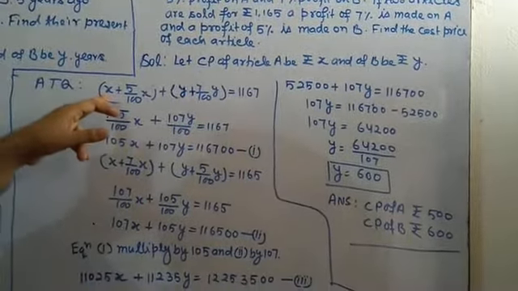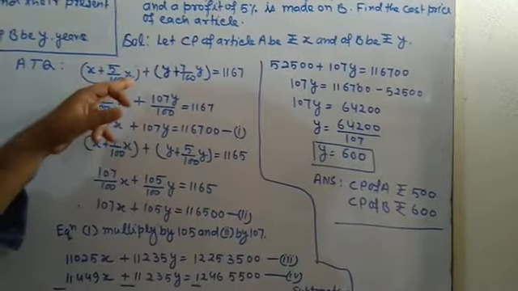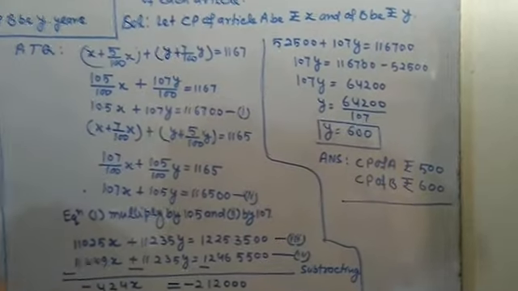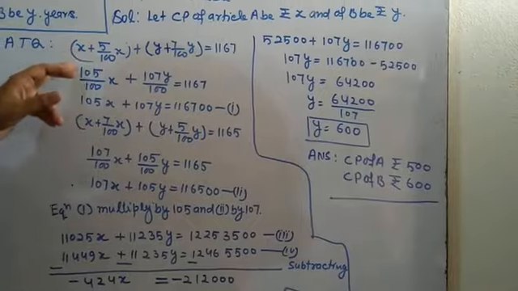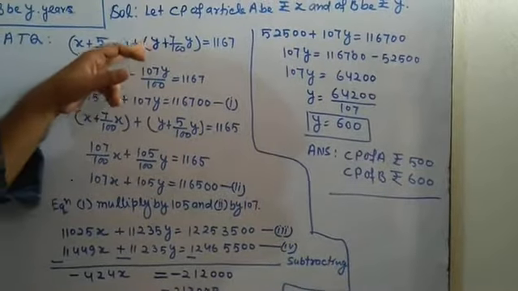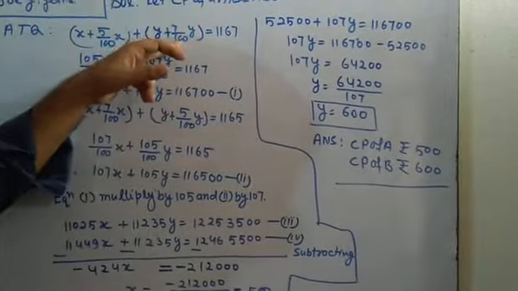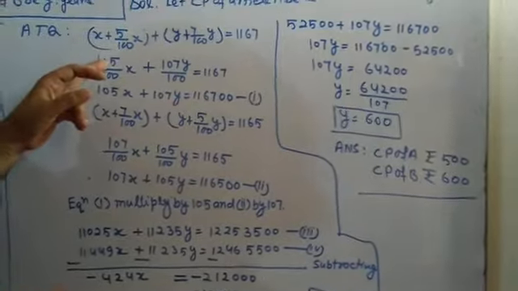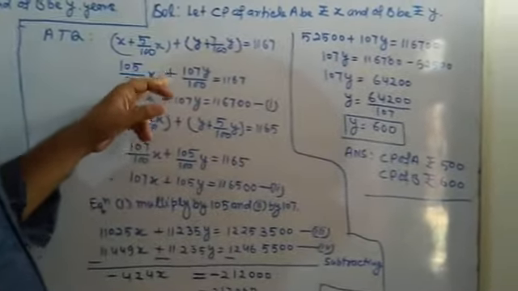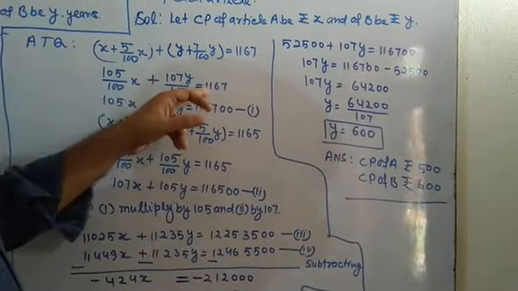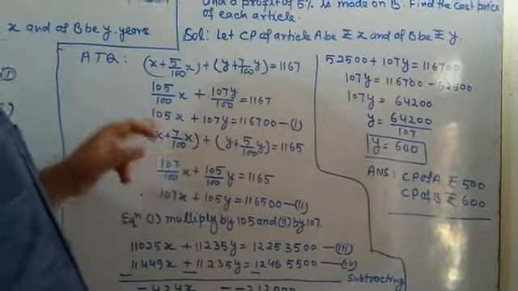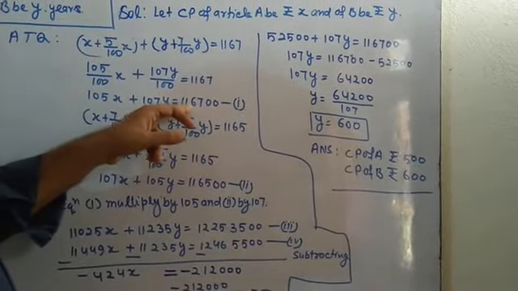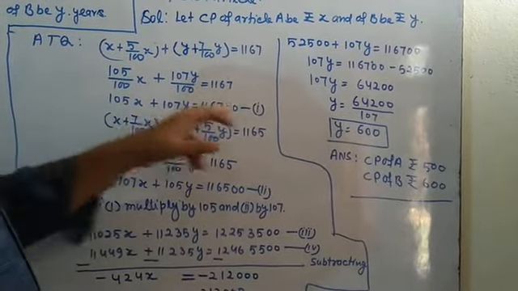According to the question, x plus 5% of x plus y plus 7% of y equal to 1,167, means x plus 5 by 100 x plus y plus 7 by 100 y equal to 1,167. 105x upon 100 plus 107y upon 100 equal to 1,167. 105x plus 107y equal to 1,16,700. This is the first equation.